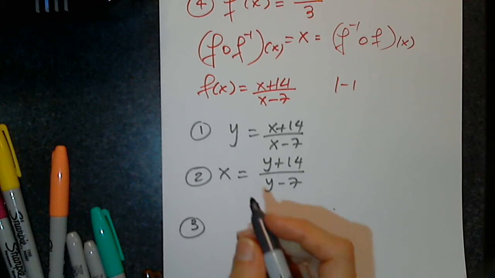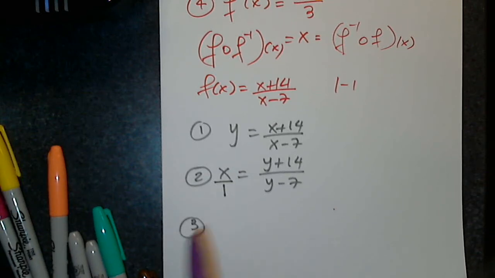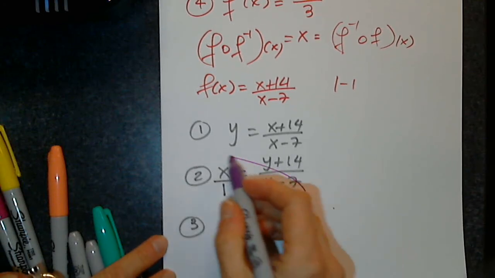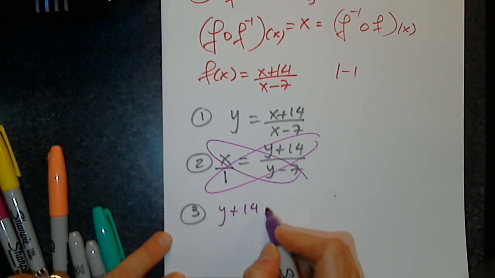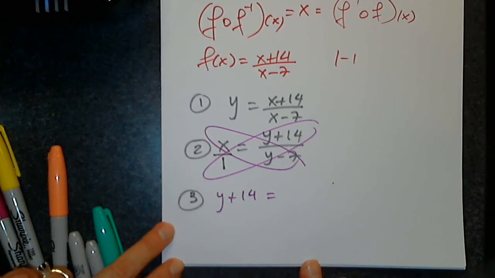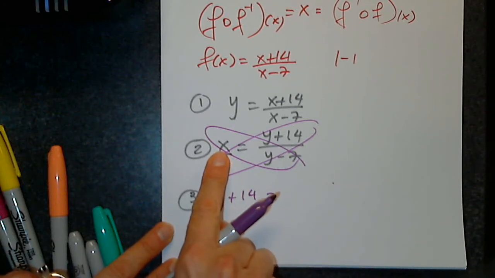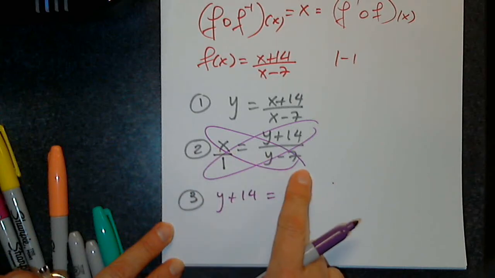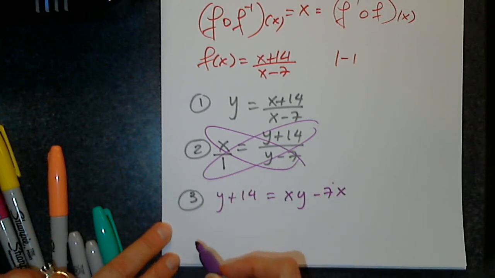I'm giving you one little hint, which I'm hoping that by now you are very proficient with. What am I really saying to you when I put 1 under x? So y plus 14 equals. I have to multiply x by y and x by -7. Xy and 7x. Good.